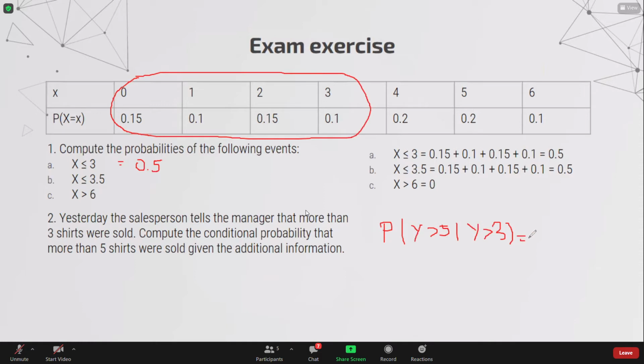That formula is just the intersection between those two, which is Y being more than 5 and being more than 3. The first part says it has to be more than 5, which means it has to be just 6.